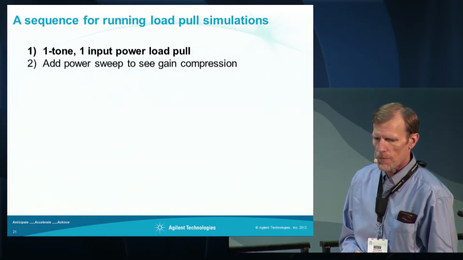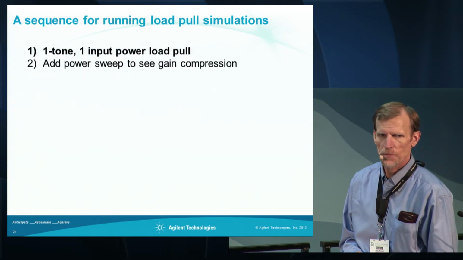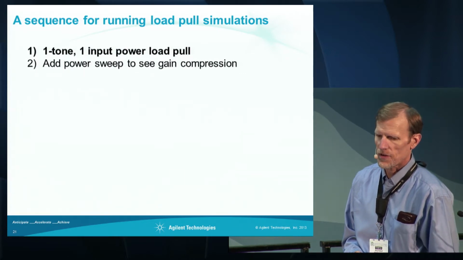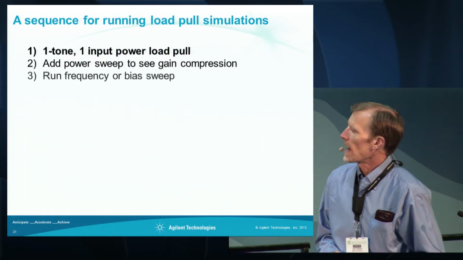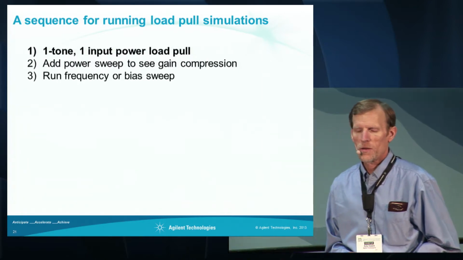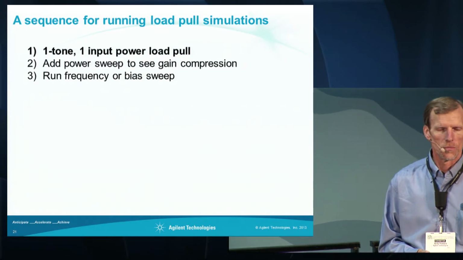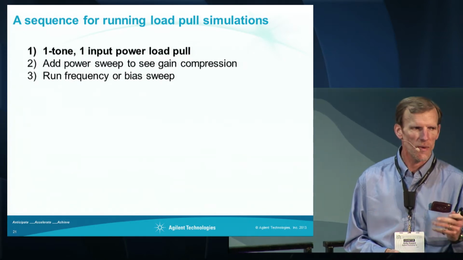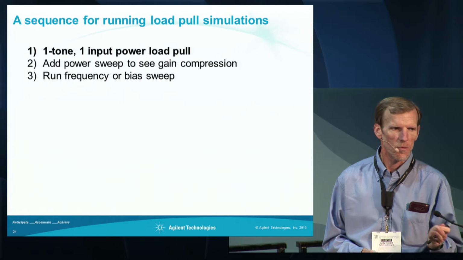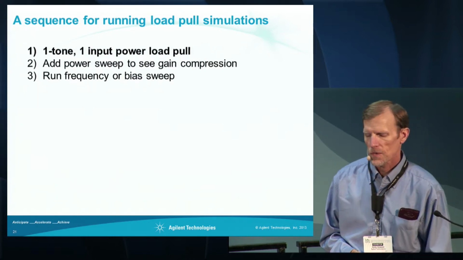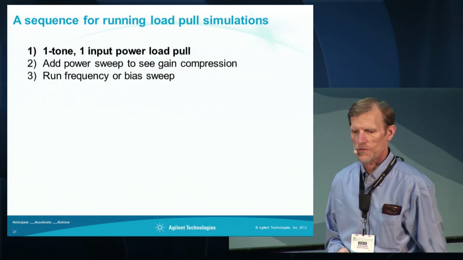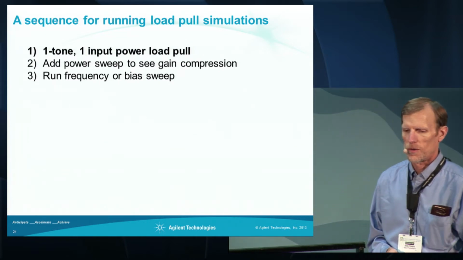And then you could add a power sweep to see gain compression, which is an important specification which almost everyone is concerned about. You could add a frequency or a bias sweep. If you're designing a power amplifier across a band of frequencies, you need to consider the performance at other frequencies than just the center frequency or a single frequency, for example. And I'll show a little bit about this.